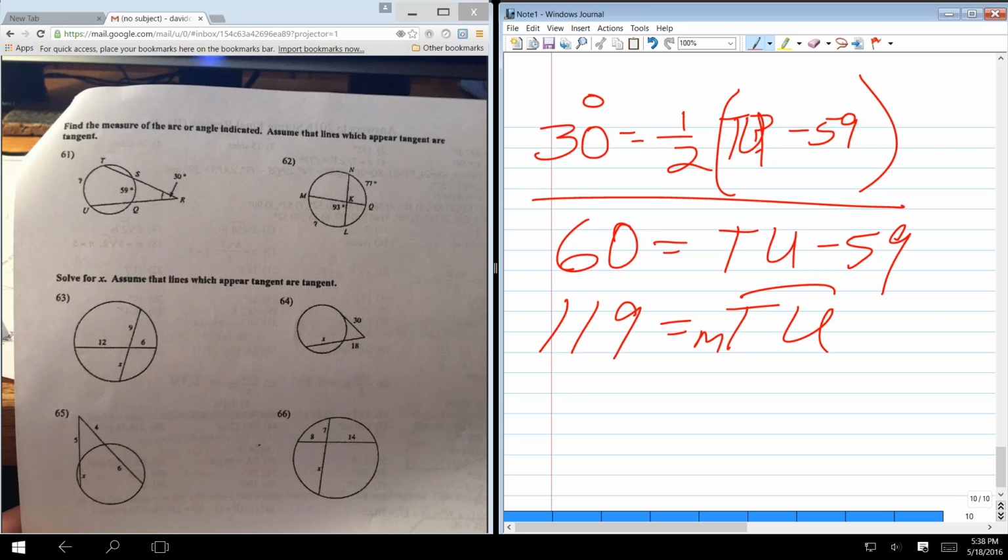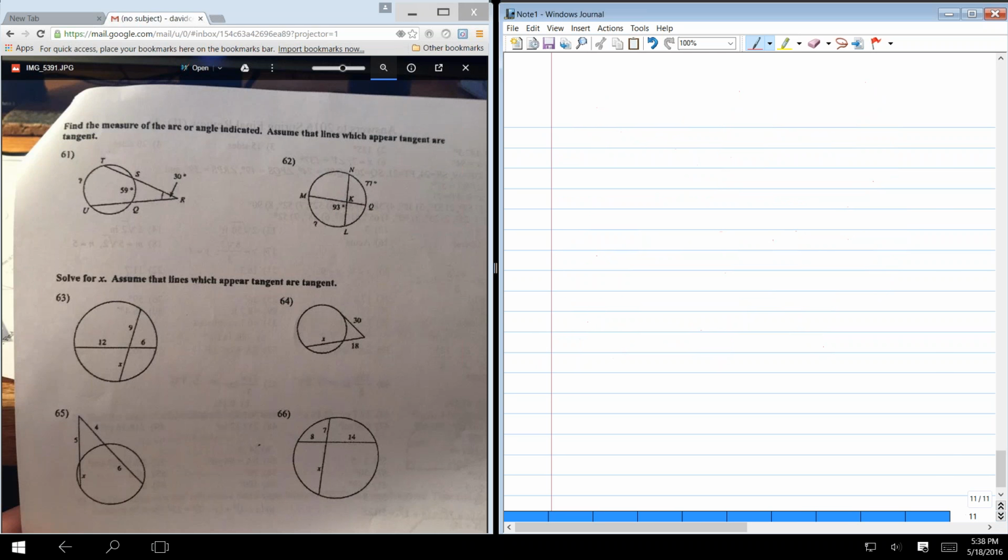Now, one help I can give you is that when you're intersecting outside of the circle, it's always the difference. When you're intersecting inside of a circle, it's the sum. In other words, 62, it's still 1/2.